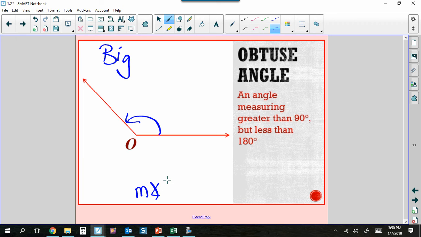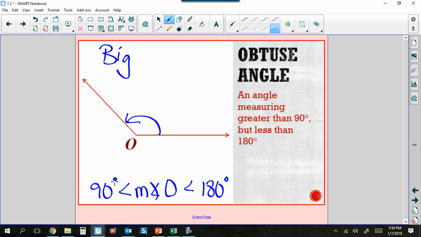So on this angle, you'll go ahead and just always say that the angle itself is always going to be greater than 90 degrees, but also less than 180. So if we're talking in whole numbers, it can be anywhere from 91 degrees up to 179 degrees. Again, just speaking in whole degrees.